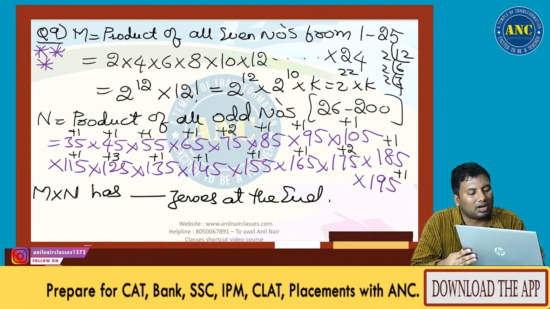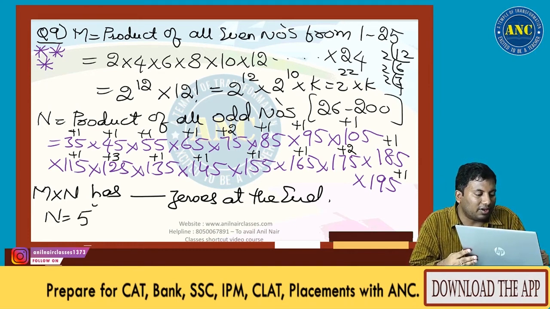Totally how many I got? 1, 2, 3, 4, 6, 7, 8, 9, 10, 13, 14, 15, 16, 17, 19, 20, 21. So N is nothing but 5 power 21 into K2.